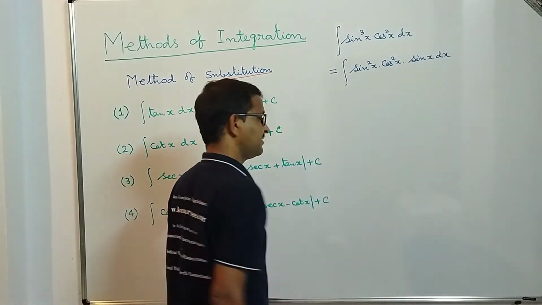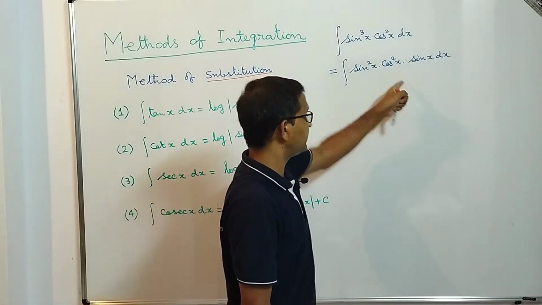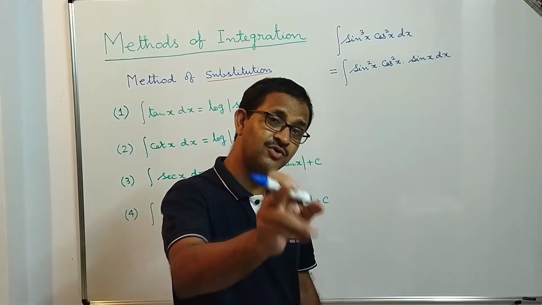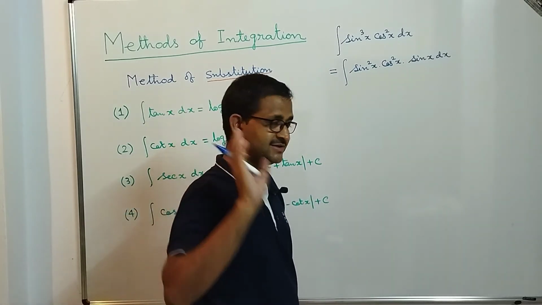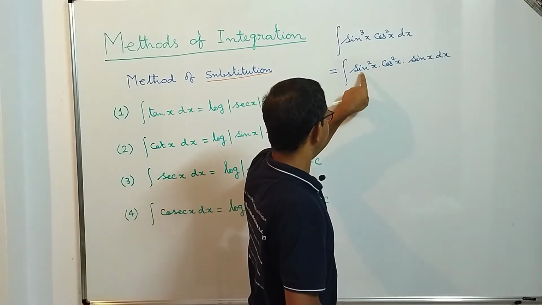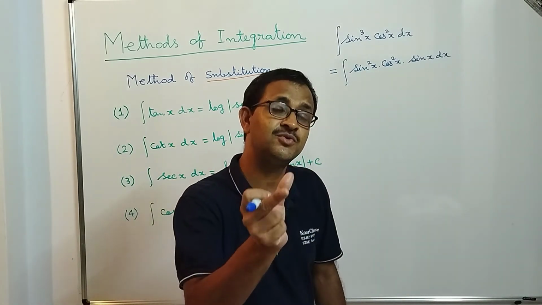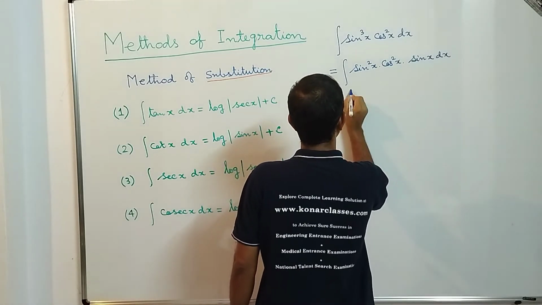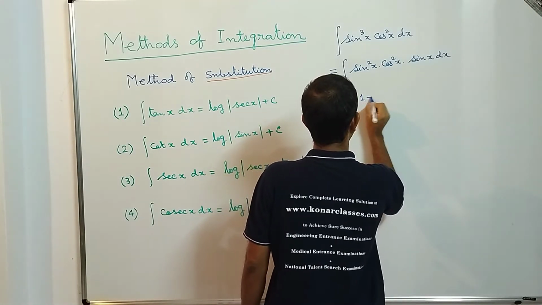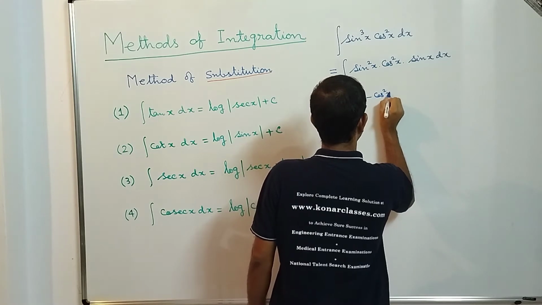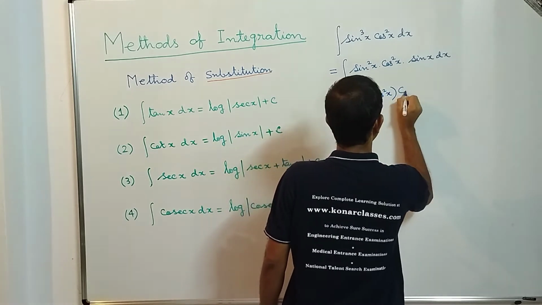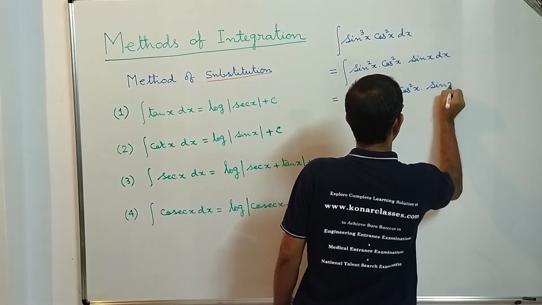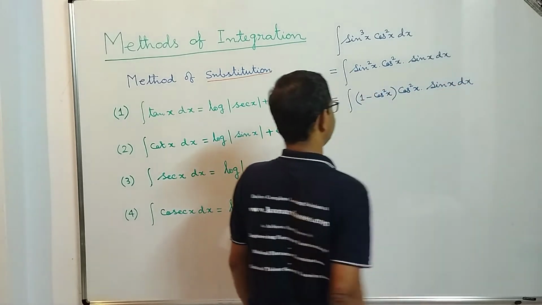If we take cos x equal to t, then sin x dx is equal to minus dt, correct? So for that, sin square x should also be converted to cos square x, and we know that sin square x is equal to 1 minus cos square x. So we can write 1 minus cos square x into cos square x into sin x dx.